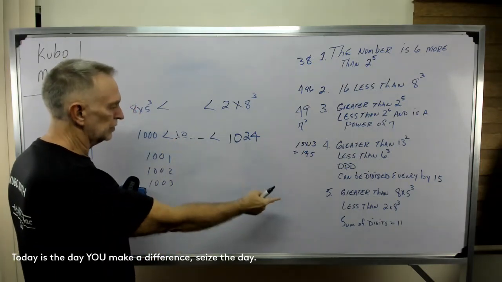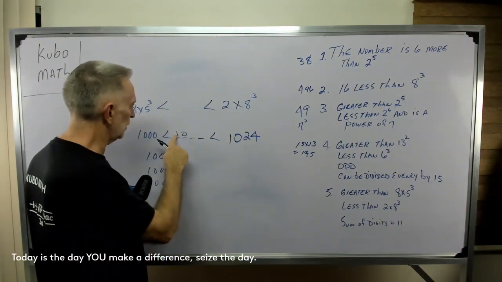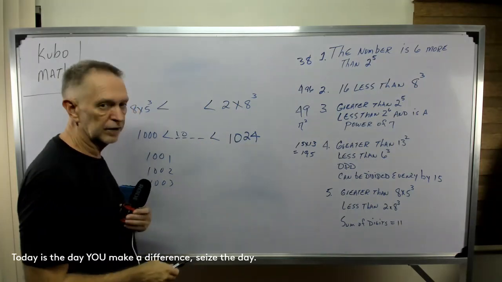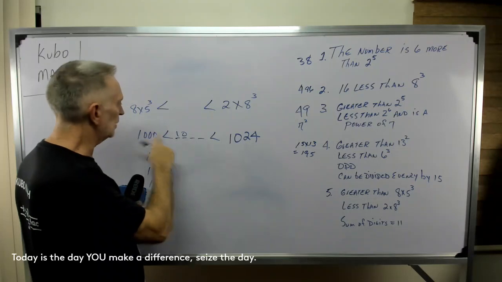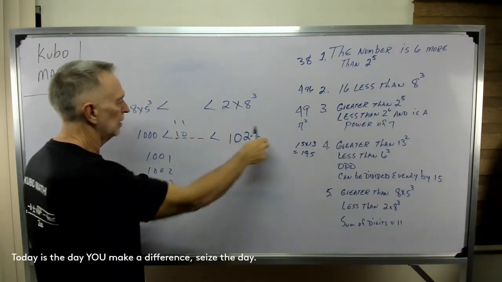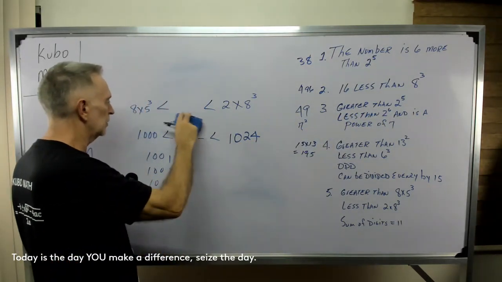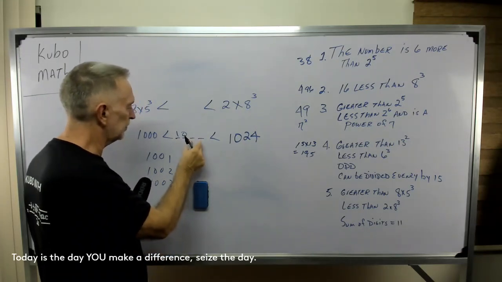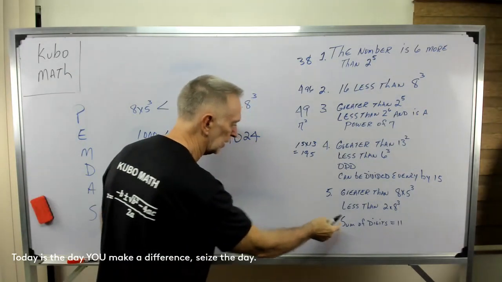Well, if they're saying the sum of the digits equals 11, so it's saying this digit plus this digit plus this one equals 11. Since these have to be 1, 0, it can't be 1, 1. So these 2 digits have to sum up to 10. 10 plus 1 gives me the 11 that they're asking about.